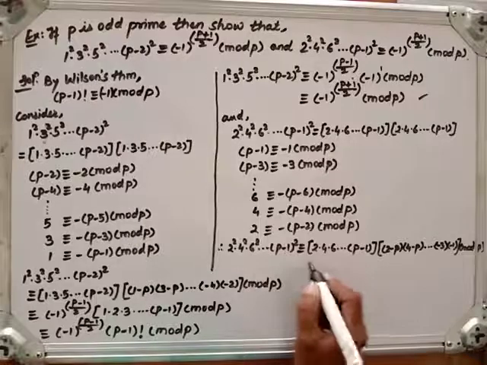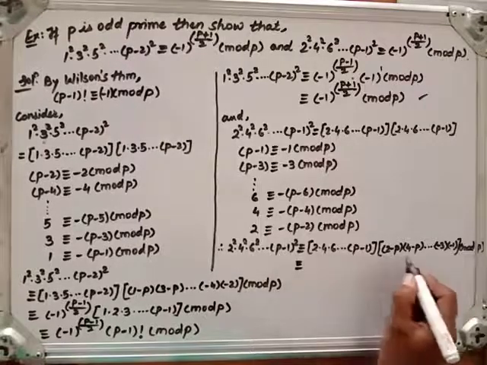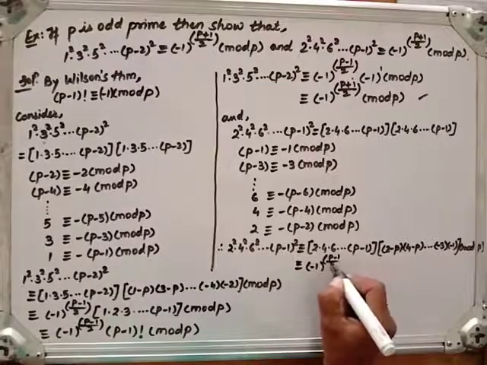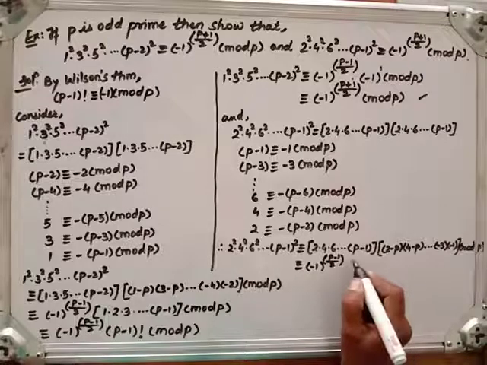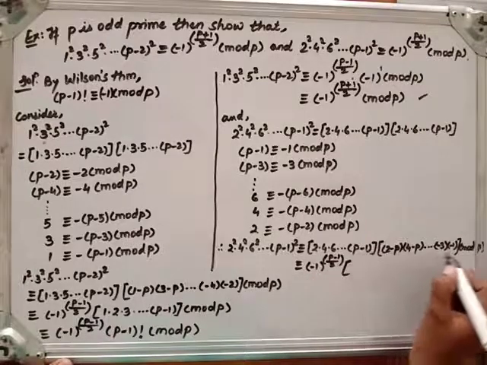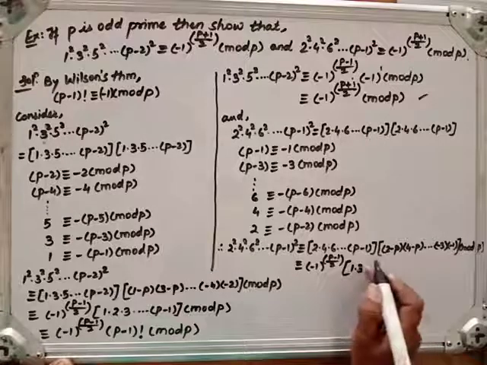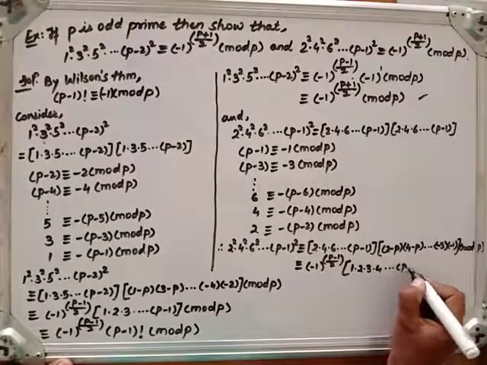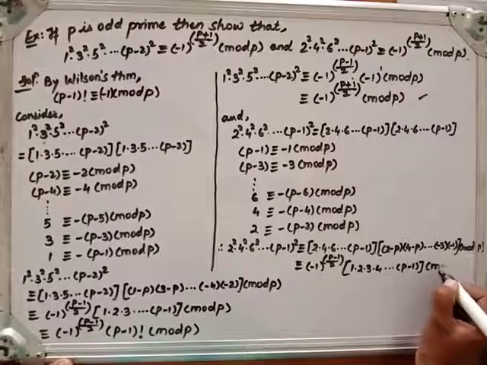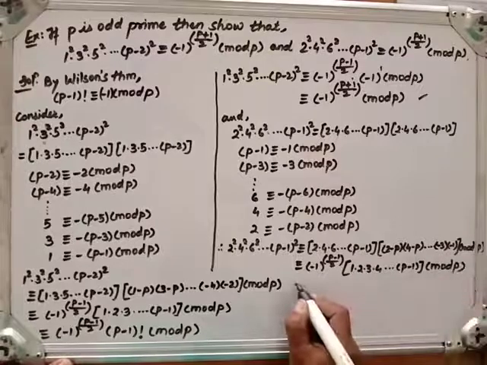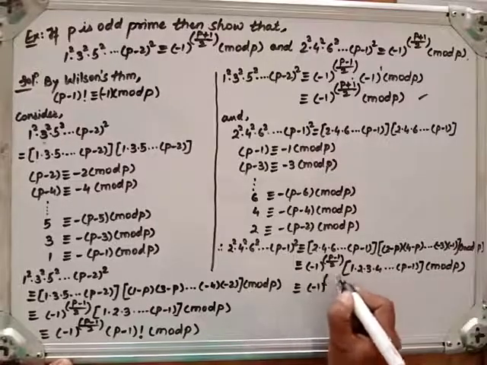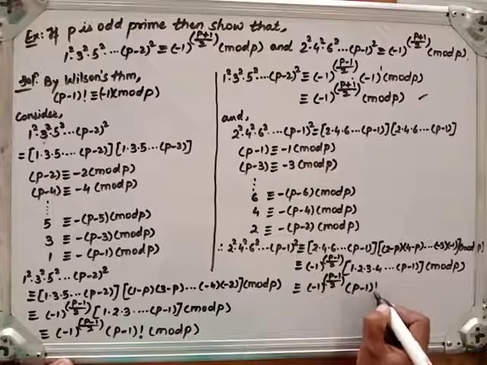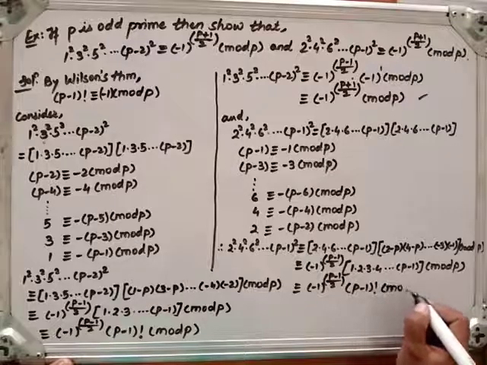Now taking minus common again, minus 1 raised to, again it will be how many times? (p minus 1) by 2 times. And if you observe, these are even, these are all odd, so it will be 1 into 2 into 3 into 4 and so on up to (p minus 1) modulo p. So this is minus 1 raised to (p minus 1) by 2 as it is, into (p minus 1) factorial modulo p.